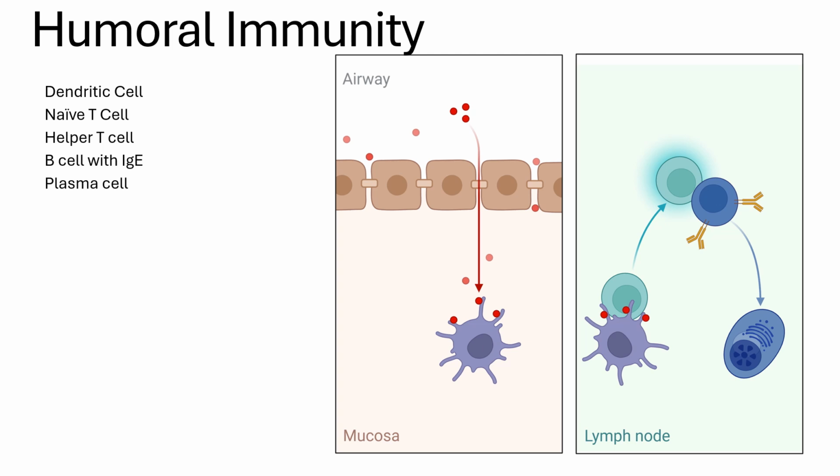The helper T cell interacts with the dendritic cell, and then it searches through the B cells in a lymph node, trying to find the right B cell that displays the right immunoglobulin that fits the allergen epitope that the dendritic cell showed it. Once it finds the specific B cell, the helper T cell then stimulates the B cell to differentiate.